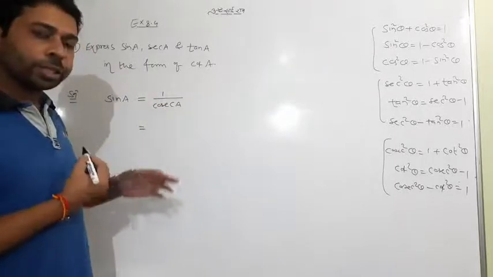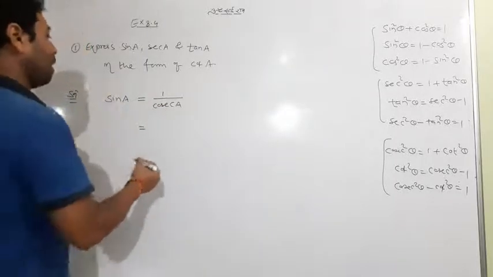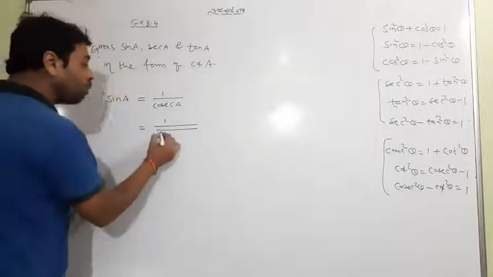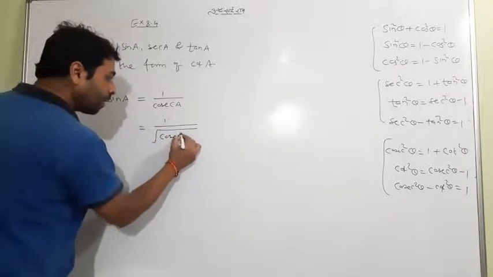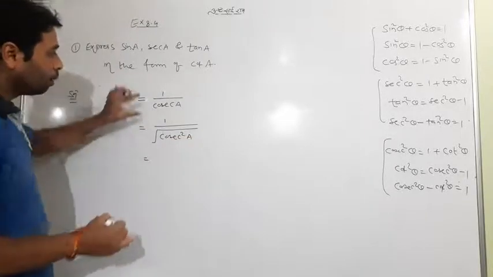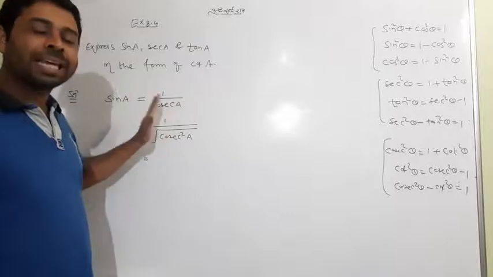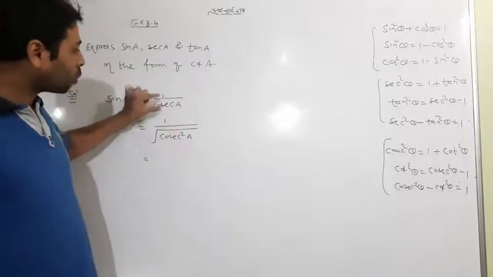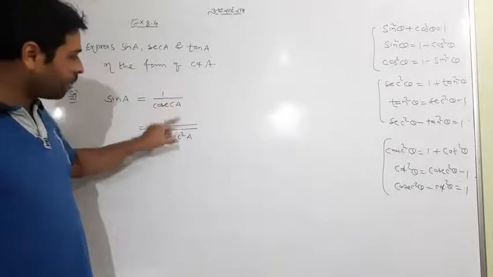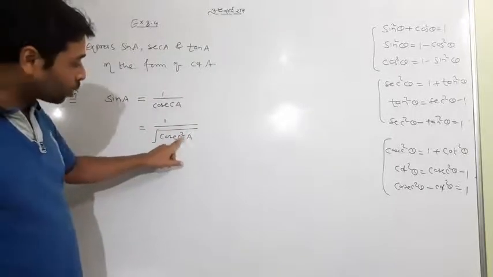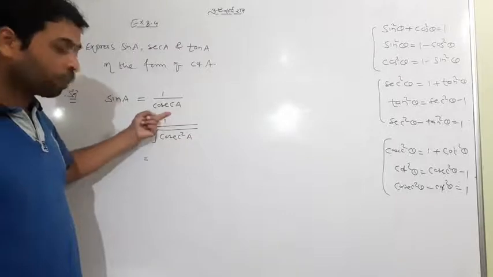Now this is cosec A, and I will say something very important: if I use the under root sign, I can write cosec square A. Look, both are the same. See carefully, I have written cosec A as under root of cosec square A. So when cosec square A comes out of the under root sign, it will be cosec A.